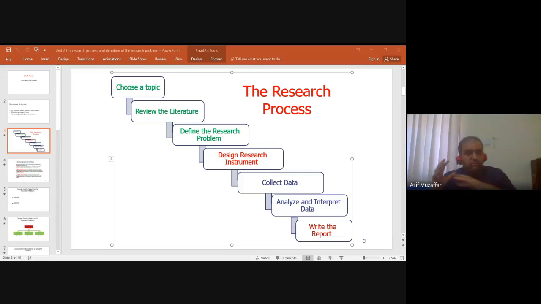Yeah, this is not new in the world, but this is new in this area or in this context because no one has done that before in Oman or in the Middle East. So I expect whatever research problem and research topic you select for this course, it should make at least contextual contribution.